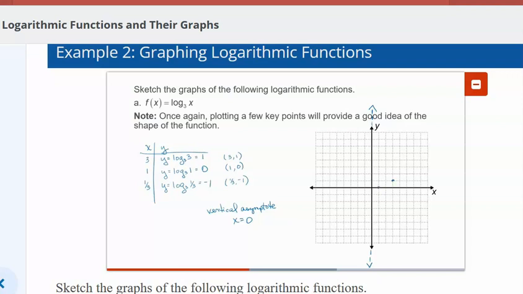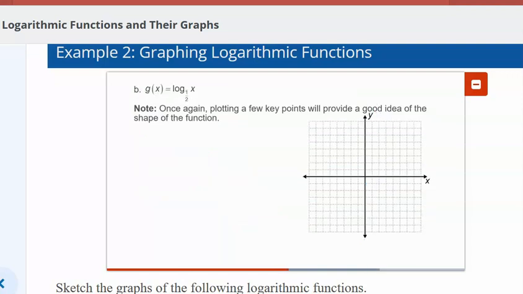And now I have 3, 1, I have 1, 0, and I have 1/3, -1. My logarithm graph, kind of missed that point, but looks about like so. It will head down to -infinity as x approaches 0, and it will head up to positive infinity as x approaches infinity.